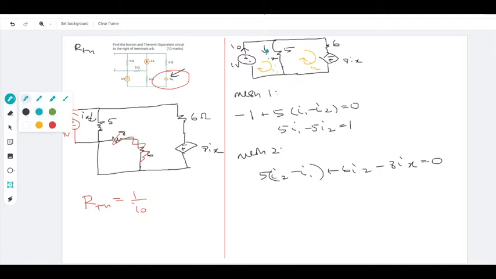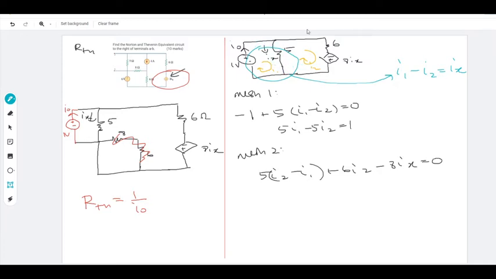So if you look here, what is this Ix? From here, you know that Ix is in the same direction as I1, isn't it? So Ix equals I1 minus I2, since I2 is going upward, opposing the direction of I1.